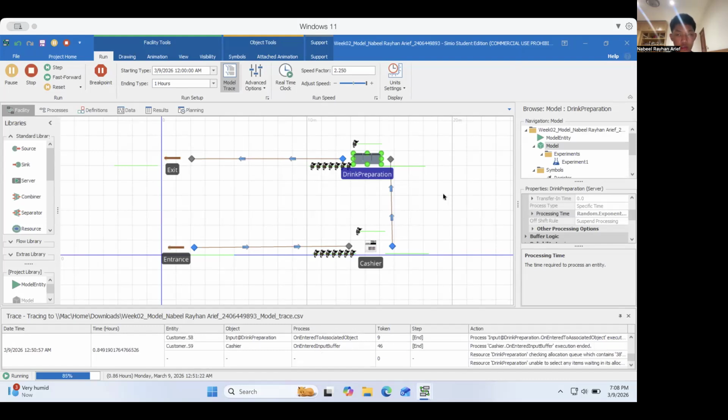Okay, the data is almost done. Okay, we can see that the simulation is finally done, and we can see that there is a lot of congestion in the cashier and drink preparation area.